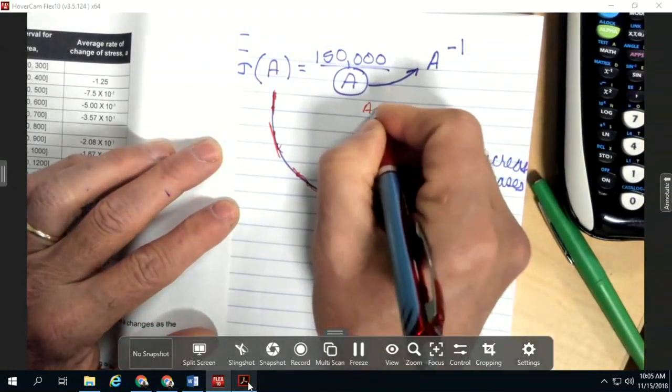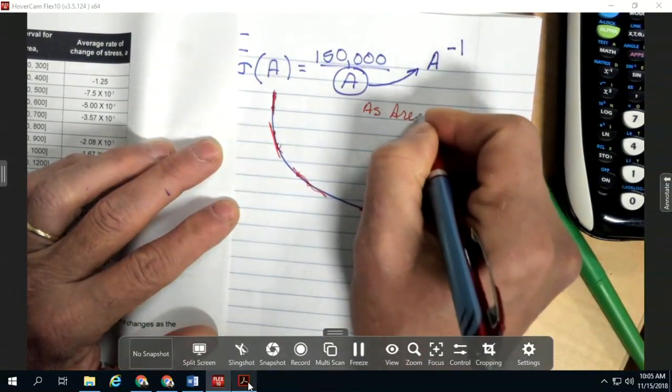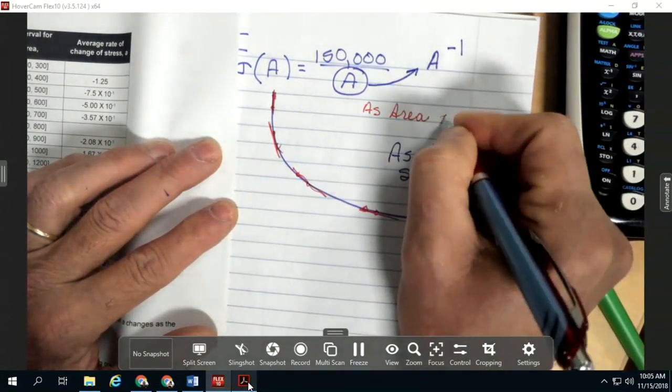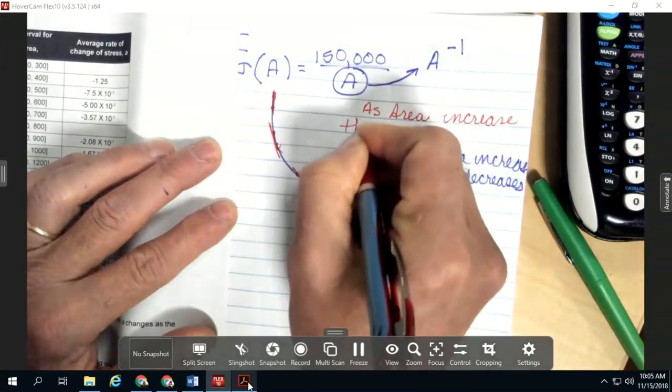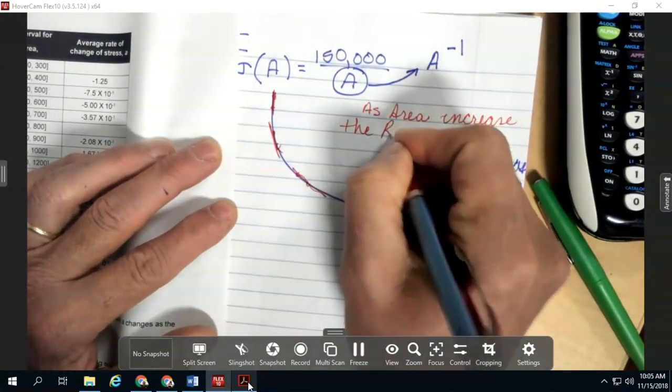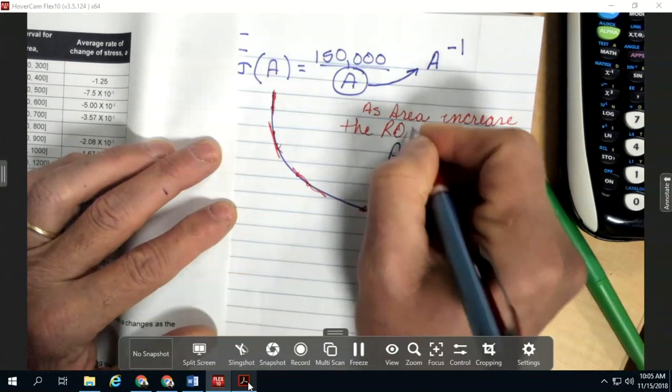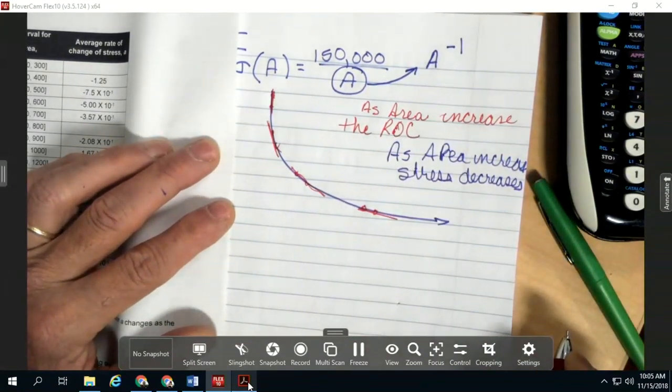So as the area increases, the rate of change, well, which.